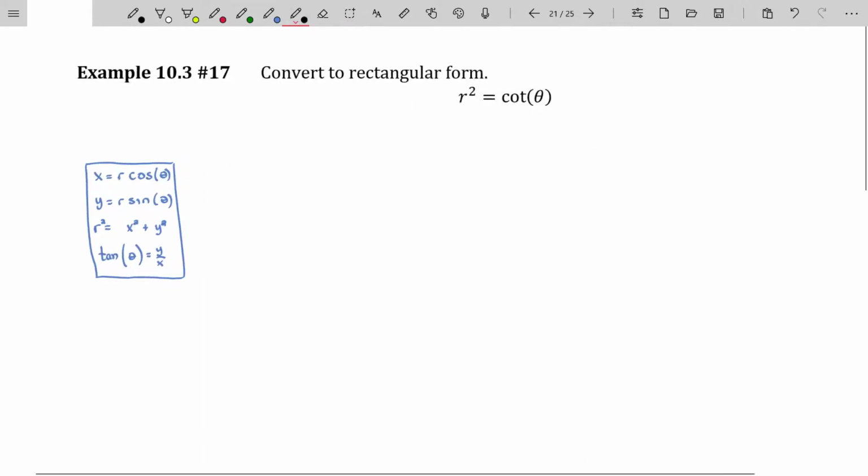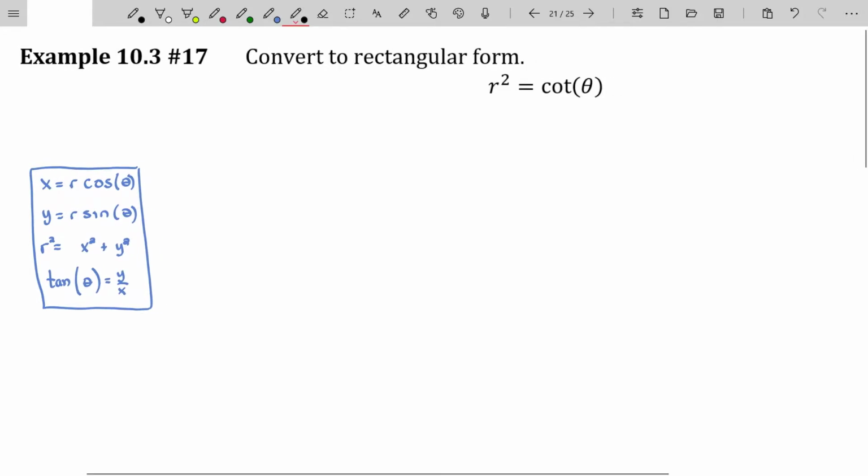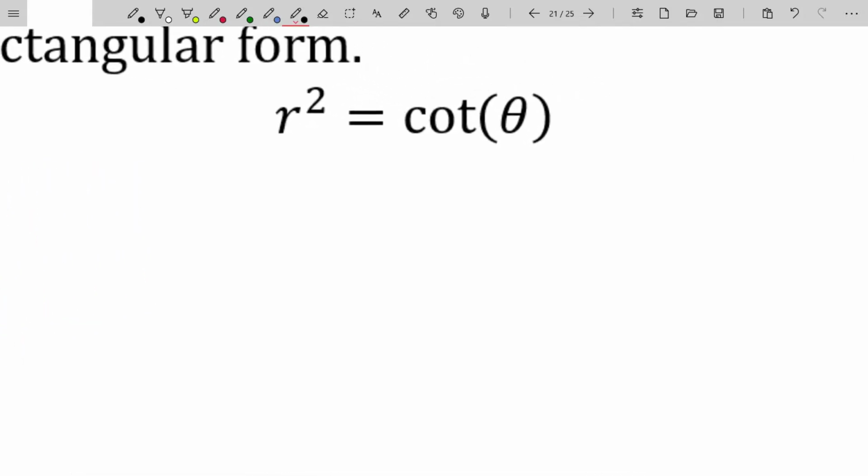And this is kind of quick to see. R squared will become x squared plus y squared. But before I make that conversion, I want to change that cotangent out. There's something kind of interesting going on here.